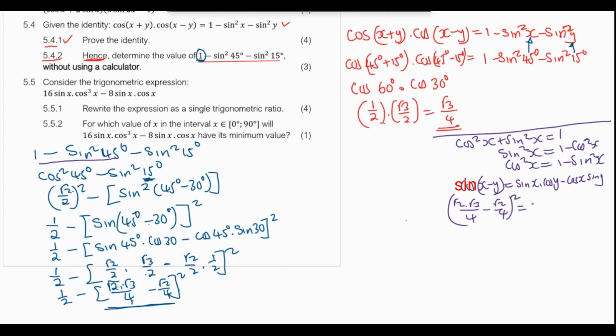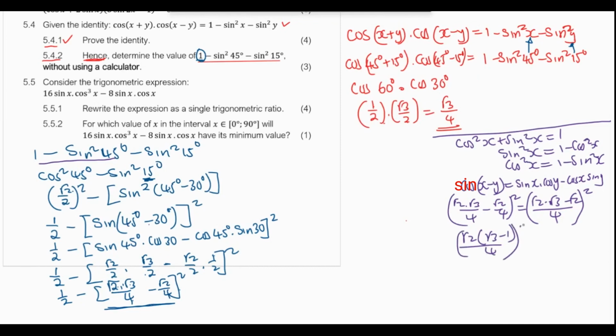This gives us root 2 times root 3 minus root 2 over 4, right? Okay, squared. Now we can do things differently here. But what I may do here is to say, let me factorize this numerator. Becomes root 2 and then root 3 minus 1 over 4.